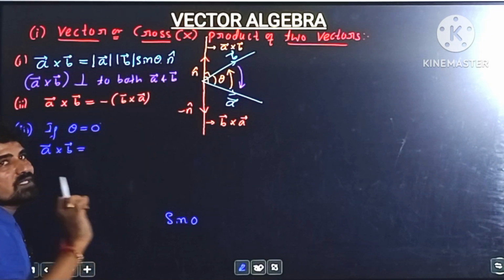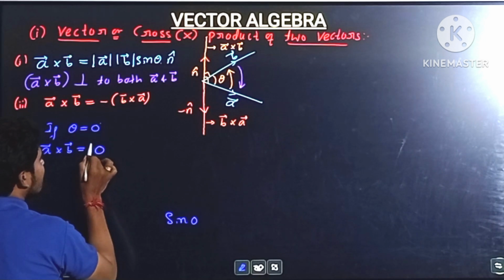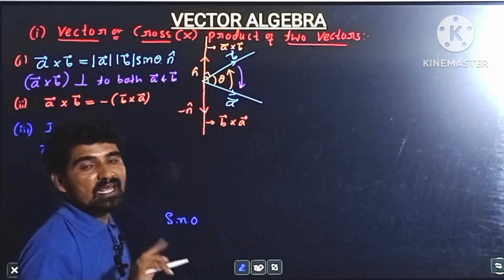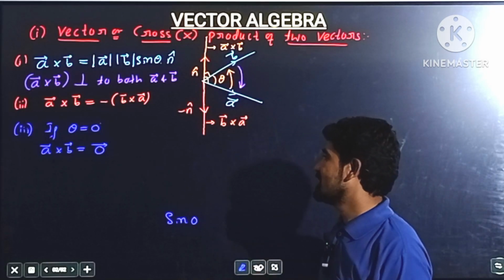The value of sine 0 is 0, so 0 multiplied with the unit vector. Therefore a vector cross b vector is equal to 0 vector when the angle between two vectors is equal to 0. Hope all of you are understanding.